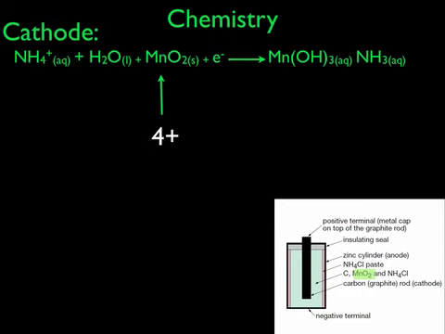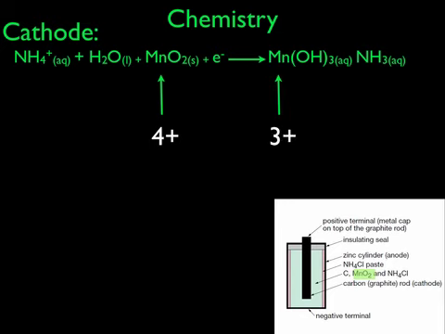Now, if I've got 2 lots of 2-, the charge that the oxygens bring to this ionic compound is 4-. Manganese, therefore, here must be 4+ because the overall compound is neutral. It's not an ion. Can you see how it is neutral? MnO2 without a charge. Therefore, manganese must be contributing 4+ to the compound.